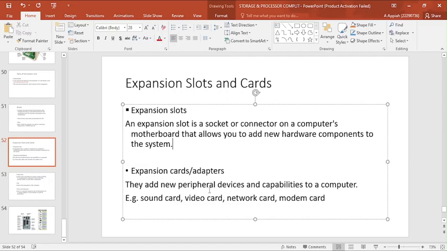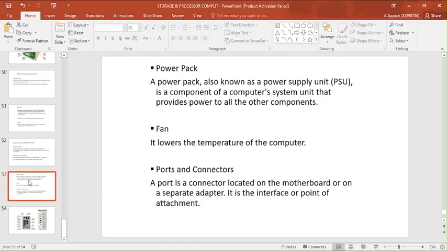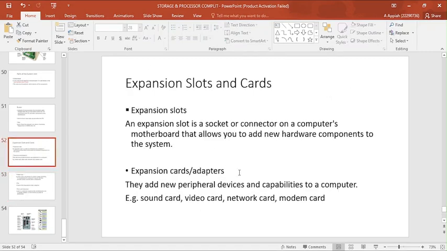Then we can also talk about the expansion cards, which are used to connect to the expansion slot. So the expansion cards or adapters add new peripheral devices and capabilities to a computer.